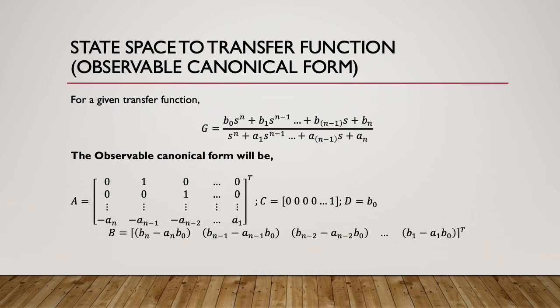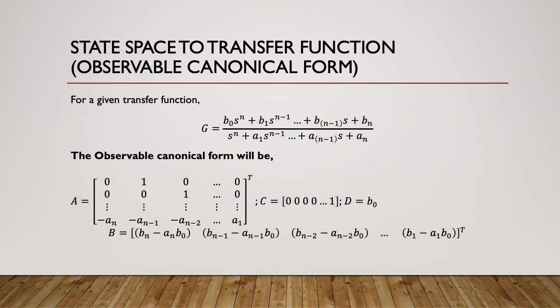In this case, the A matrix is the transpose of the controllable canonical form A matrix. Also, the C matrix equals 0, 0, 1, which was previously the B matrix, and the B matrix equals b_n minus a_n b0 and so on, which was the C matrix in the controllable canonical form.